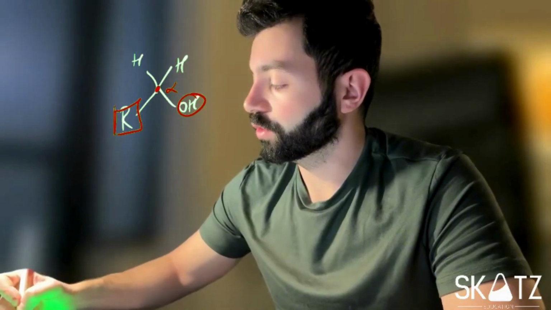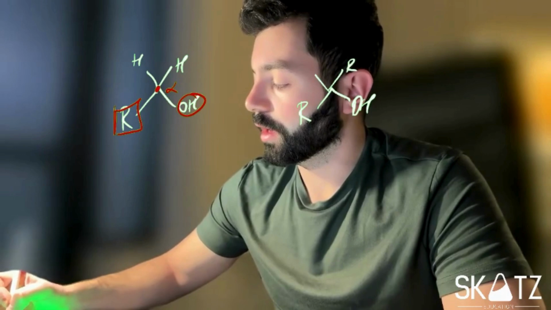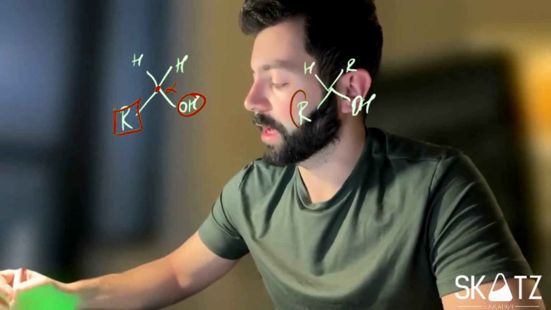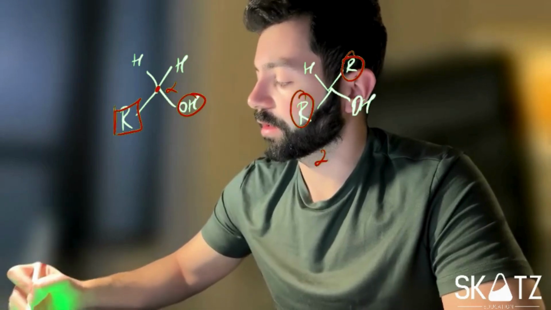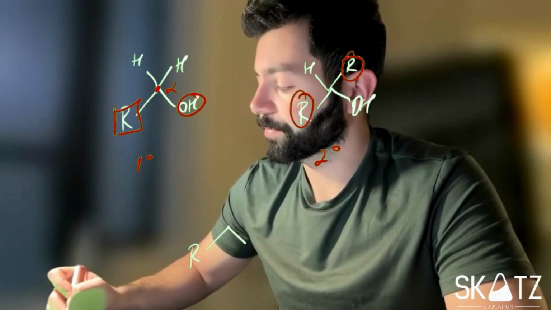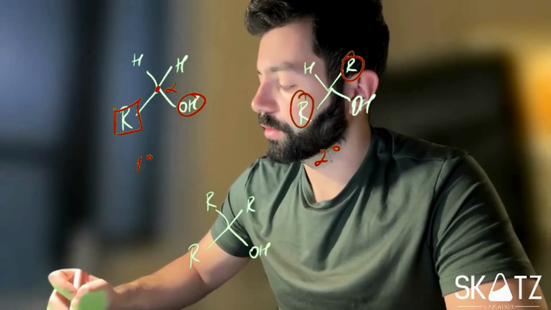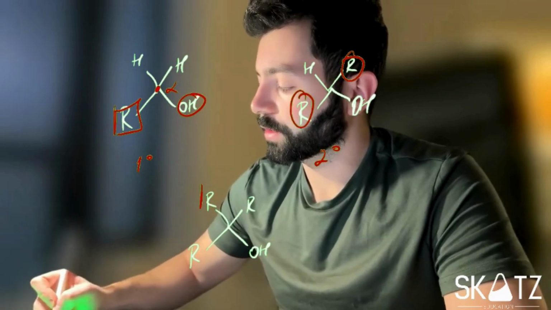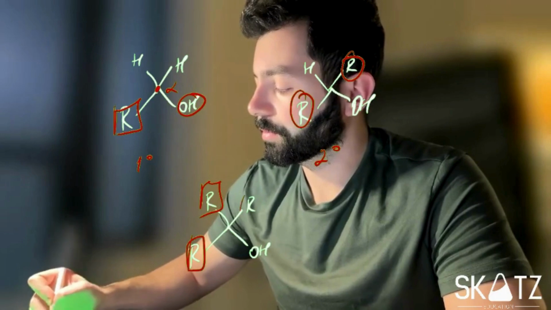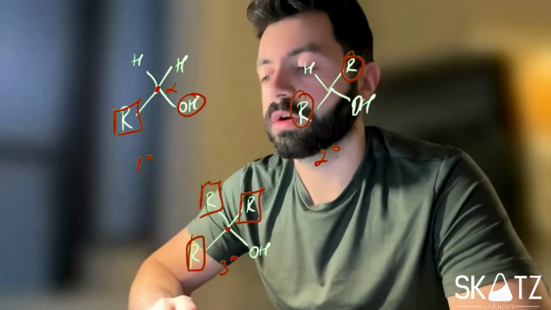So if I have 2 R groups on the alpha carbon, this is a secondary. And as I said already, this is a primary. And then lastly, I have 3 R groups, like so. The alpha carbon, this would be a tertiary alcohol.